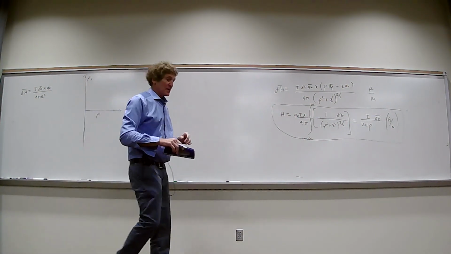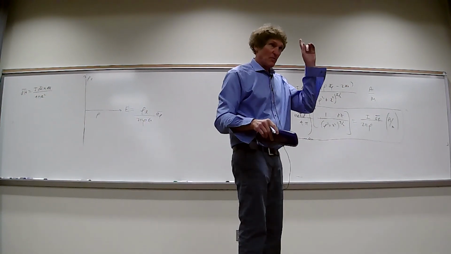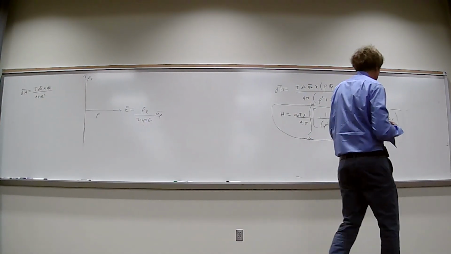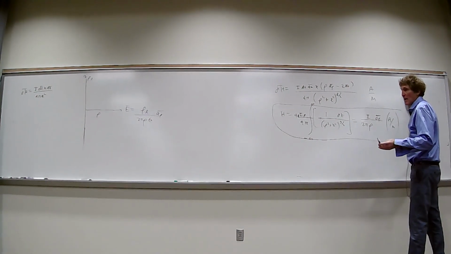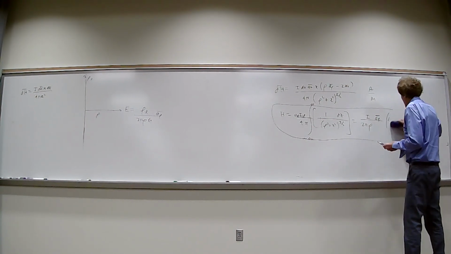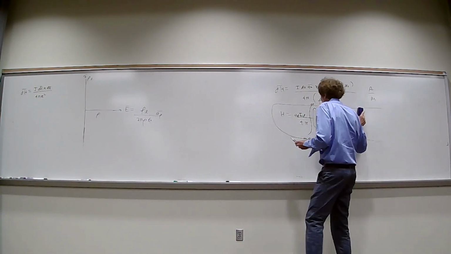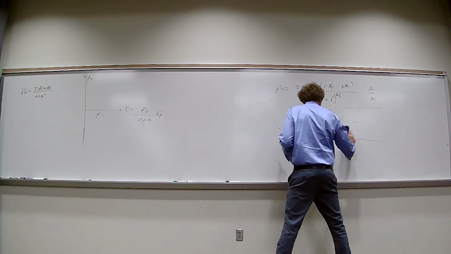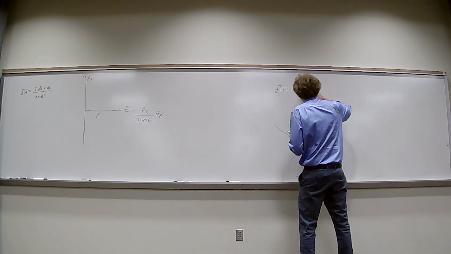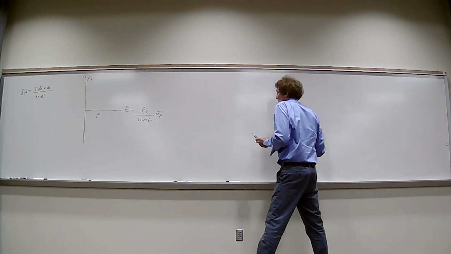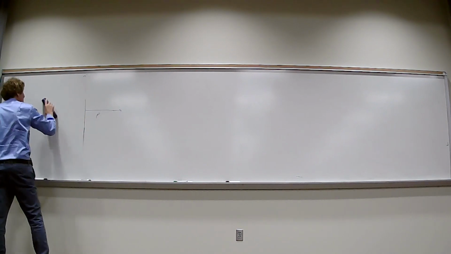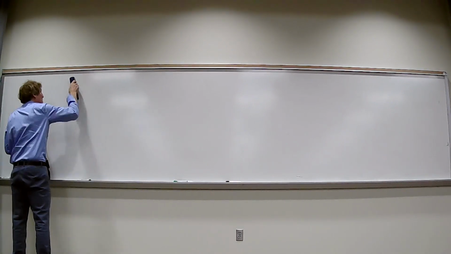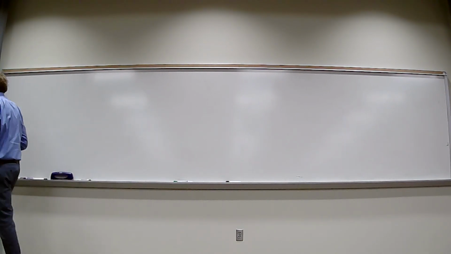So now we've done the loop and an infinite wire. The next logical step is to use these two things as building blocks or as differentials for typical charge distributions. And he does this in his book. He starts, and let's see, which one do we want to do first?